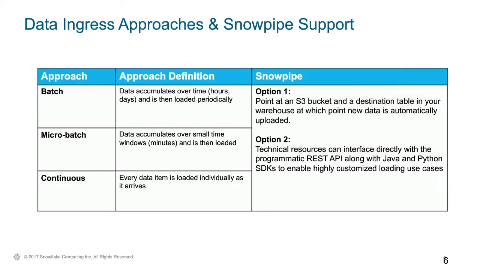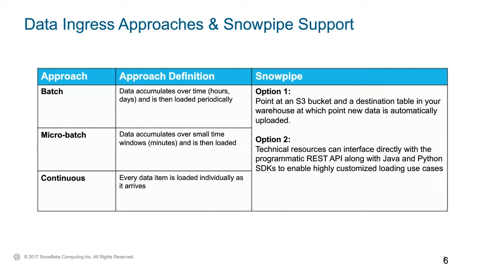So essentially, if you think about the various ways you can load data into Snowflake, the one you are probably aware of is the copy command, which was designed for batch loading scenarios where, as Ross pointed out, you accumulate data over a period of time, hours or days, and then you would launch a copy statement to load the data into your target tables in Snowflake.